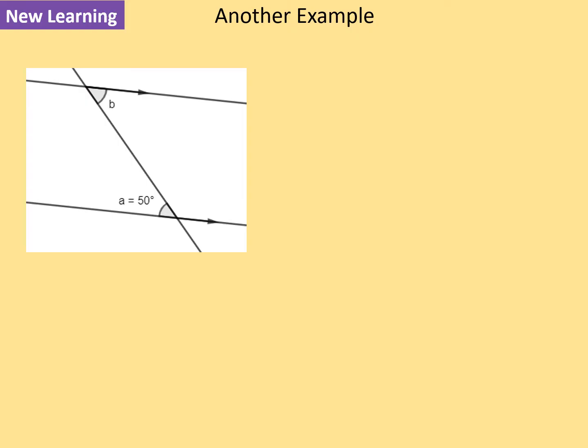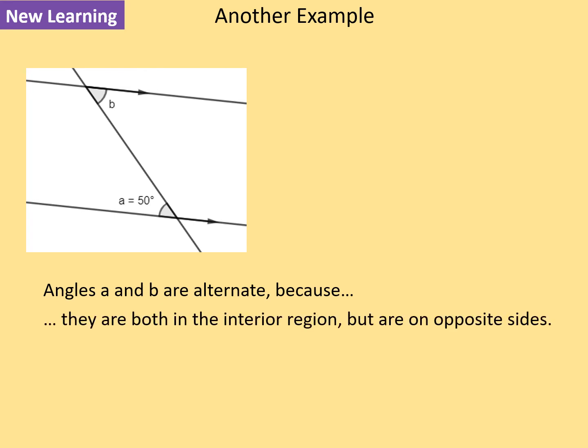So to put that idea into practice, let's look at this example. We want to figure out what is B. We know that angles A and B are alternate because they are both in the interior region but are on opposite sides. So we can easily form a Z shape if you like, and I'll do that for you quickly.